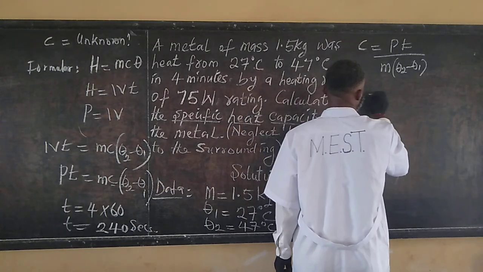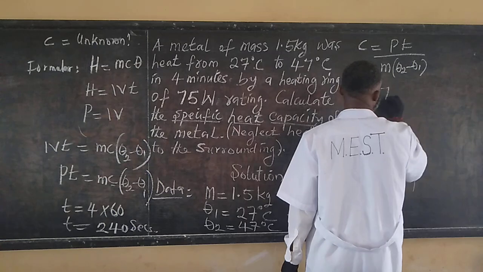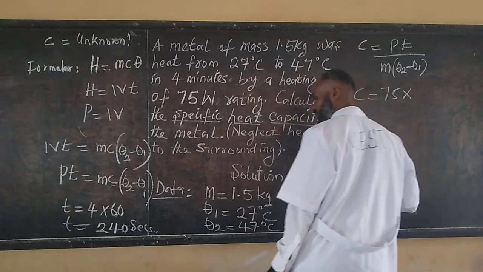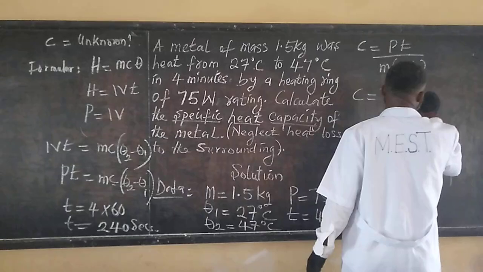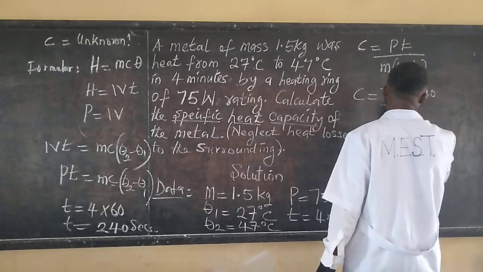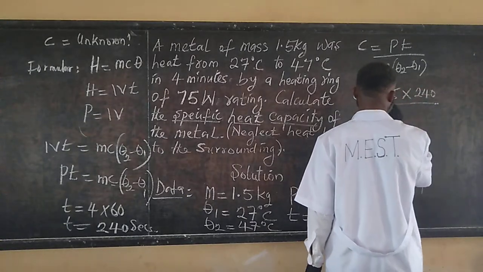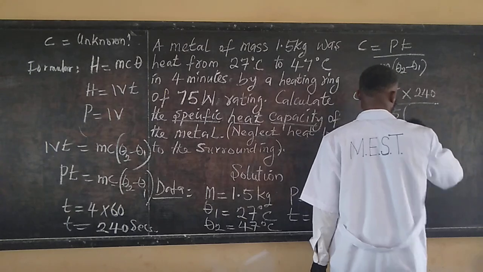Let's quickly substitute. For P, we have 75 times, for time, we now have 240 seconds, all over, for mass, we have 1.5, bracket open.